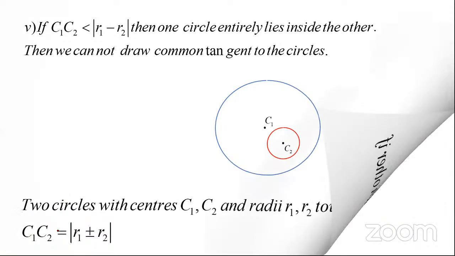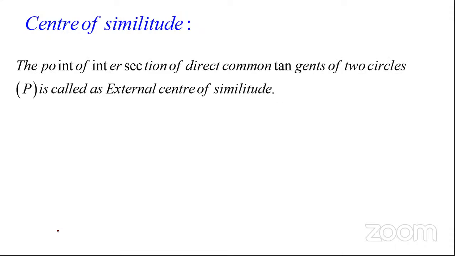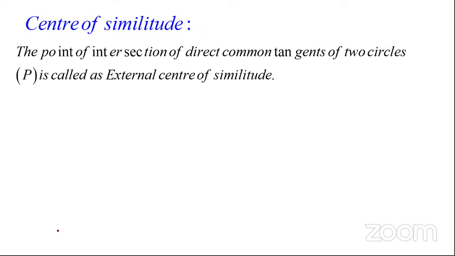Next. Center of similitude. The point of intersection of direct common tangents of two circles is called the external center of similitude.